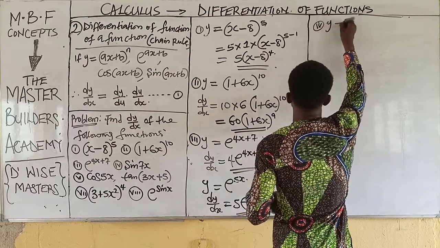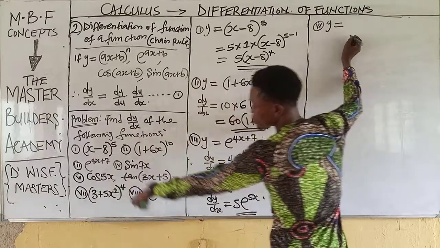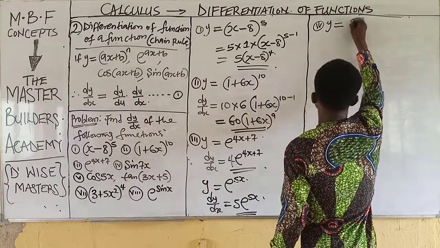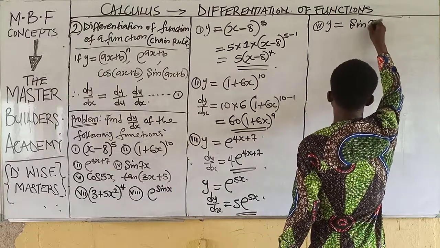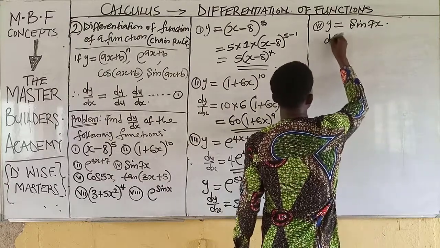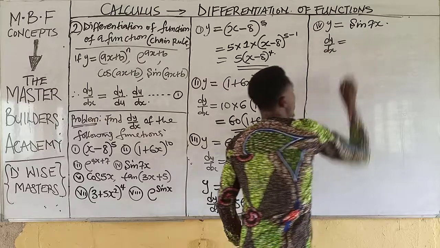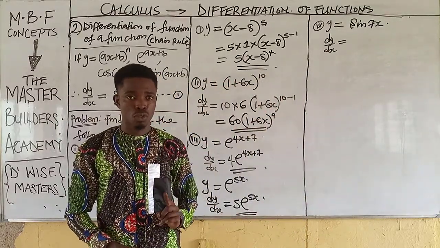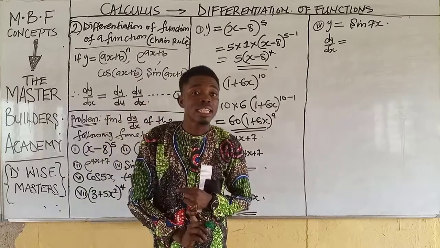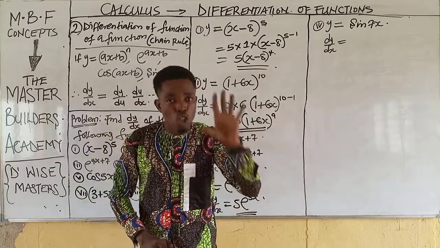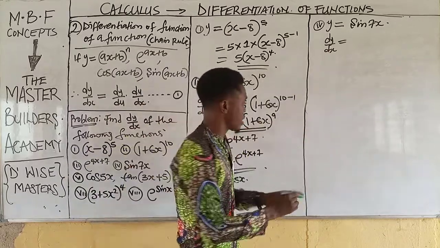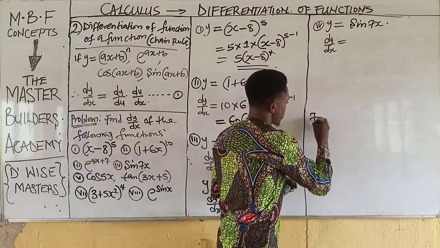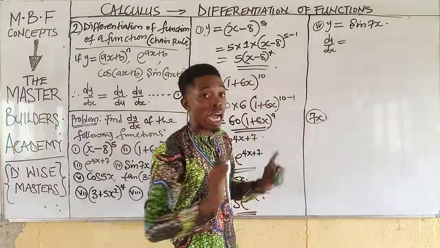Now, we have question number 4. We are asked to differentiate y is equal to sine 7x. Now, this is a trig function. For a trig function, all you need to do is identify the function of x. The function of x here is 7x. Are you with me?